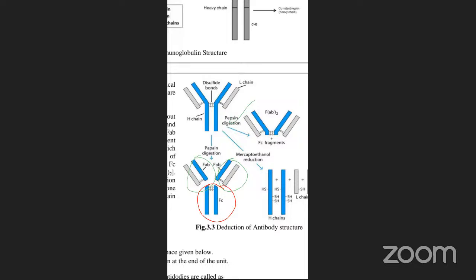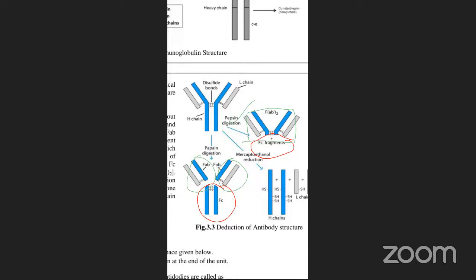When the antibody is digested by pepsin, the FC fragments will be separated, but the top portion remains intact. That means you are getting only one FAB dimer.